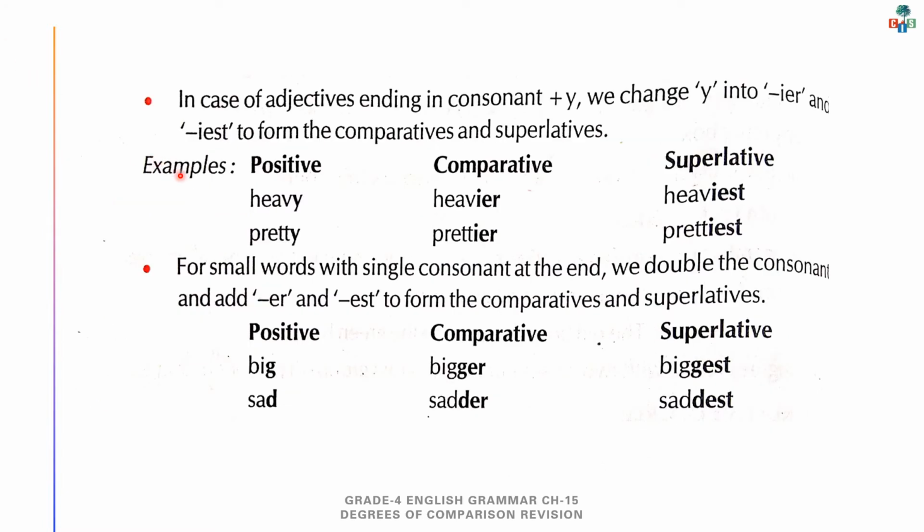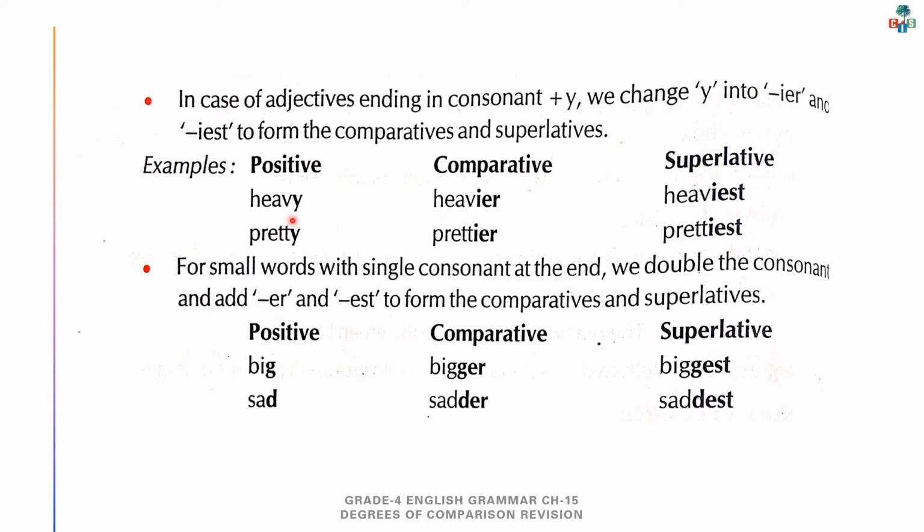And children, if the positive degree ends in consonant plus Y, we drop the letter Y and we add IER and IEST to form the comparative and superlative degrees. For example, heavy.